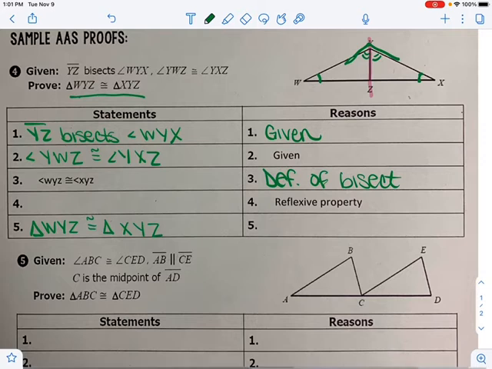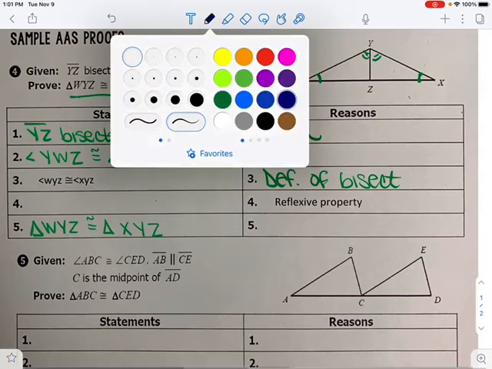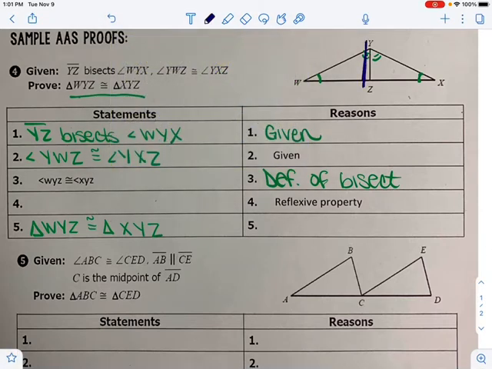Next thing, I don't have statement number 4, but I have reason number 4, and reason number 4 is the reflexive property. So when I'm trying to figure out what reflexive property stuff is being used, what I have to do is cover up one side of the picture, take a look at what's there, then cover up the other side of the picture, take a look at what's there, and notice what both sides have in common.